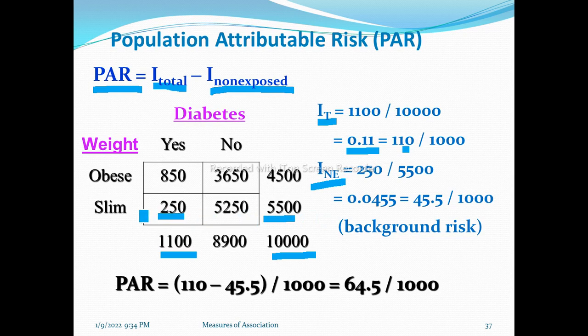This is slim, non-exposed. This one is exposed, this one is non-exposed. Now we have 0.0455, so 45.5 per thousand. This is the background risk. Now population attributable risk is equal to 110 minus 45.5, which is 64.5 per thousand.